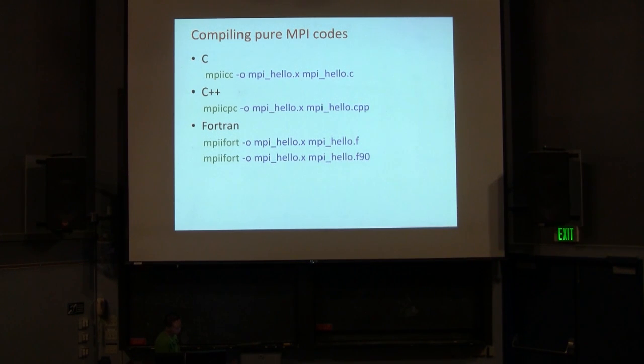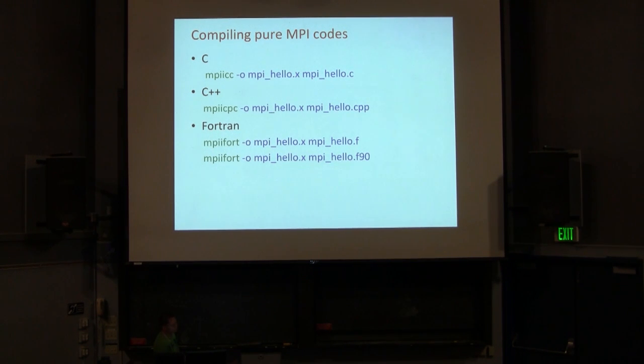And if you want to compare the pure MPI code, no multi-threading, then instead of using ICC, you use a wrapper called mpiicc, or mpiicpc, mpiifort.